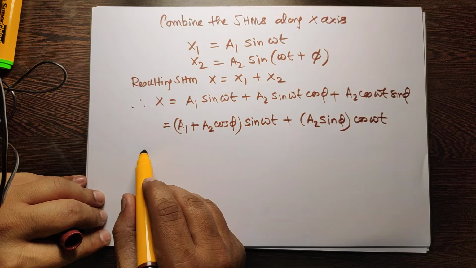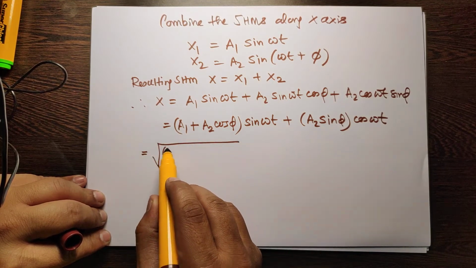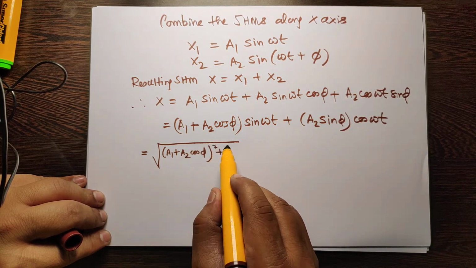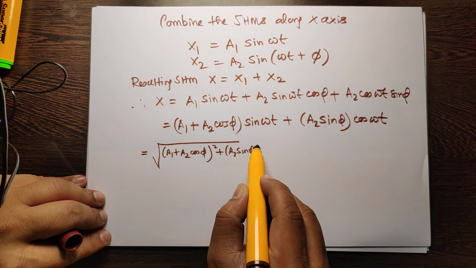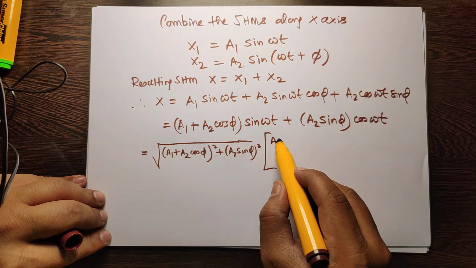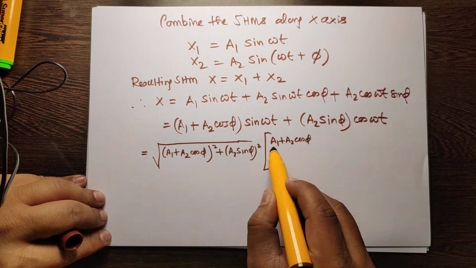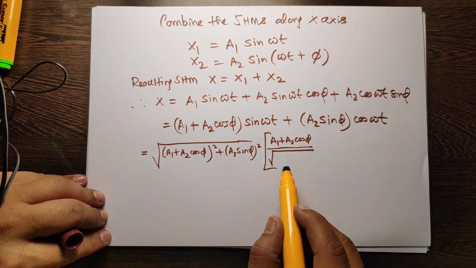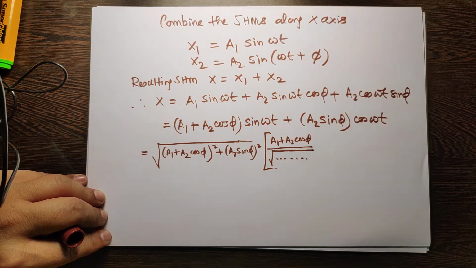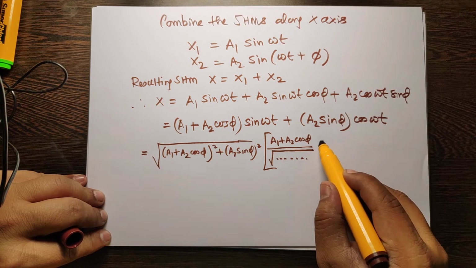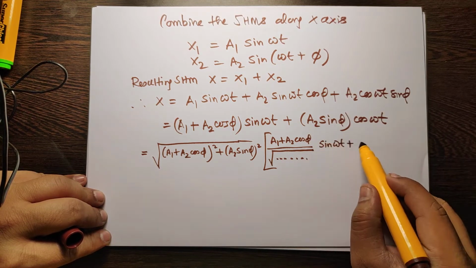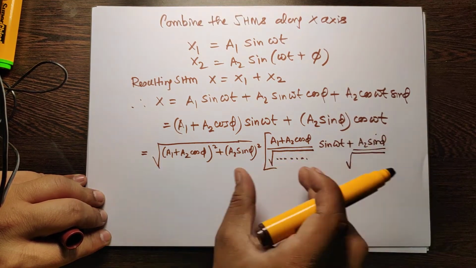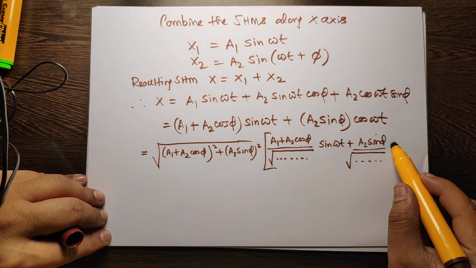This expression can be simplified in the following way: multiply and divide by the square root of (A1 plus A2 cos phi) whole square plus (A2 sin phi) whole square, and so on, multiplied by sine omega t plus the other term times cos omega t.